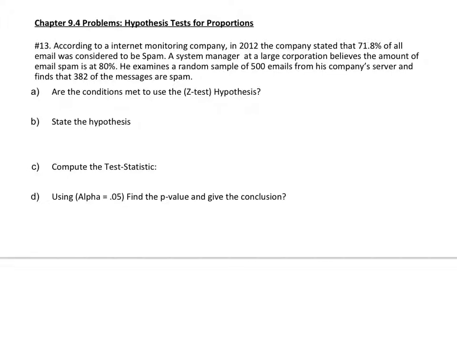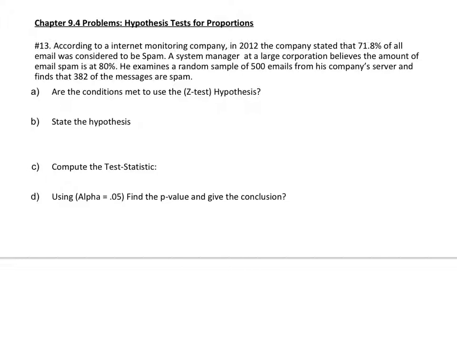So we're looking at problems in chapter 9-4, hypothesis test for proportions. In this chapter, problem number 13, according to the Internet Monitoring Company, in 2012, the company stated that 71.8% of all email was considered to be spam.